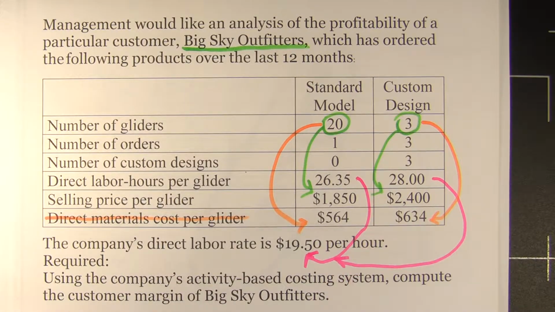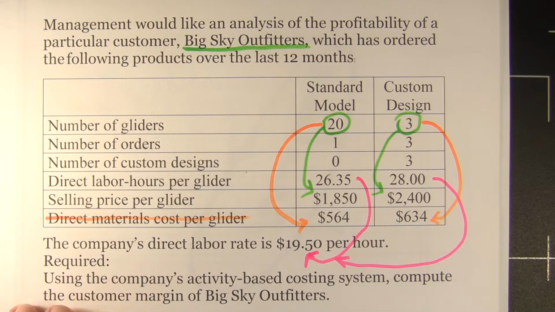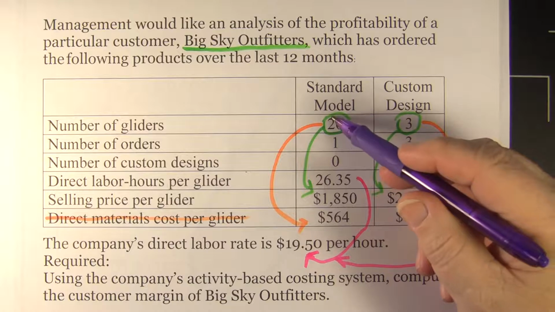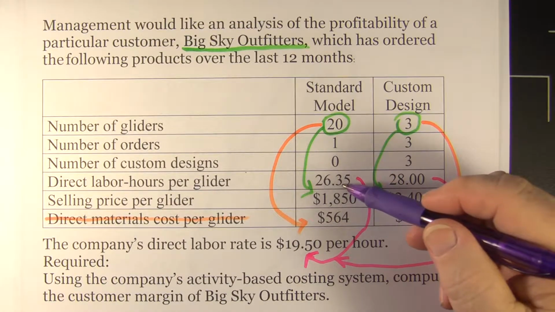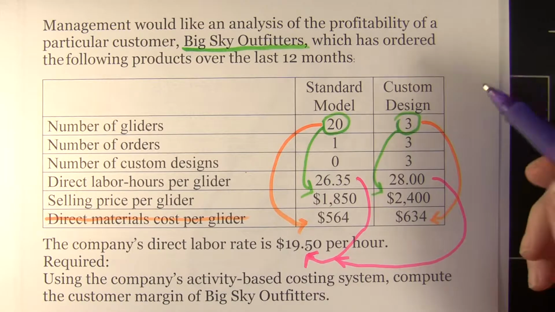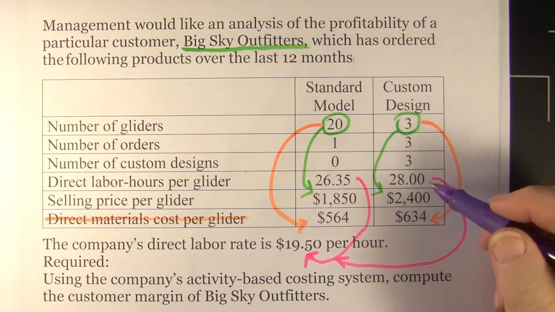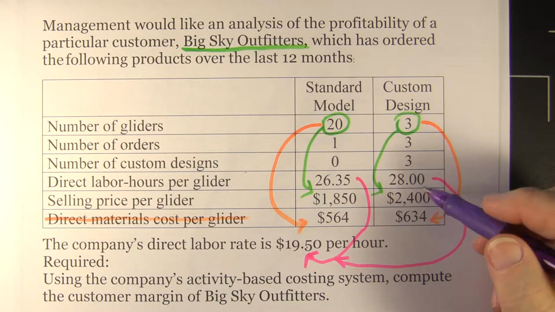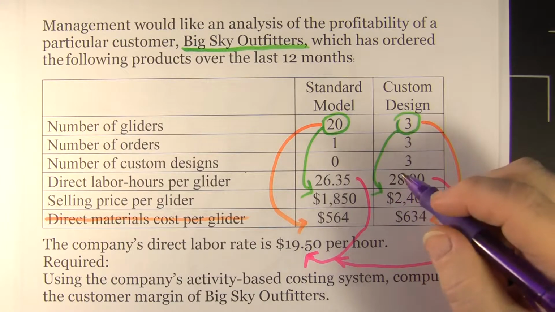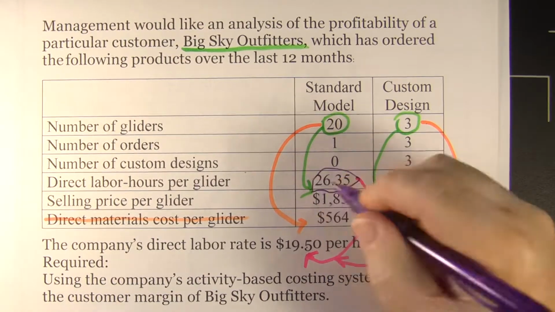So you have to remember to do 2 multiplications, not just 1. Okay? So what we need to do will be 20 times 26 times 19.50 for the standard model, and 3 times 28. Yeah, I went to the wrong spot. These arrows should be up to here. Sorry.